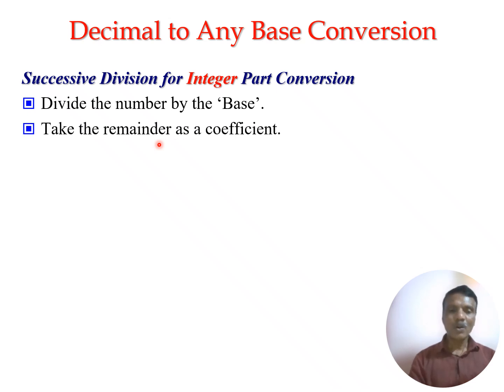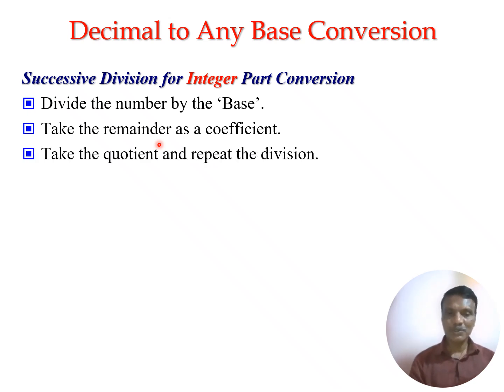Next, after dividing, we will get the remainder and the quotient. The remainder we take as a coefficient, that is the first coefficient of that conversion. When we divide the integer part, we get the remainder, and we take it as a coefficient. Then there is a quotient, and again that quotient is divided by the base.